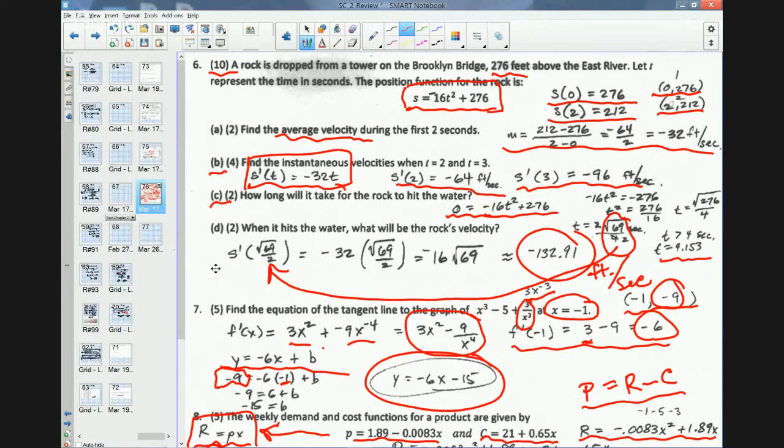This should all help give you a better idea of what this test might be like. So there's the rest of that test that was given to a class like yours some years ago, and that should give you a pretty good idea.